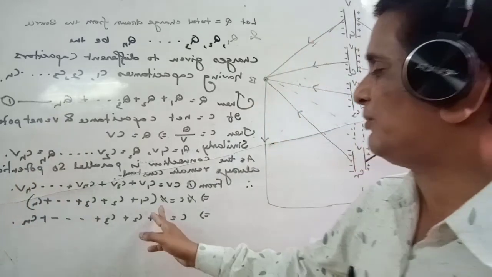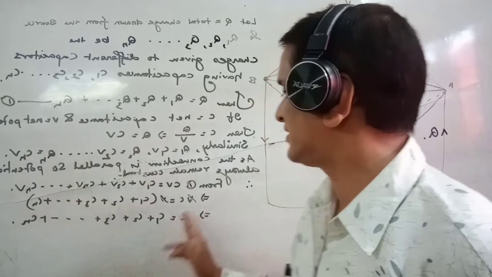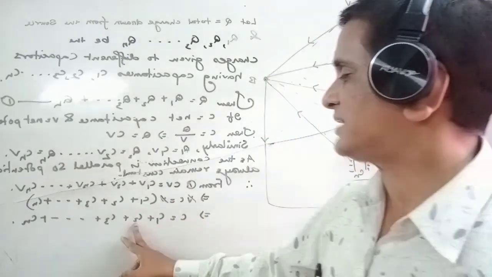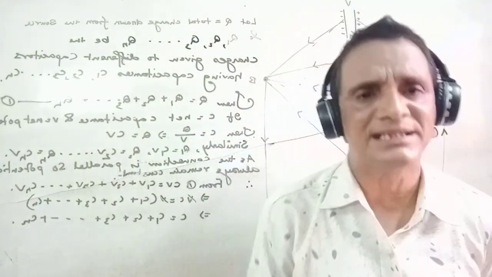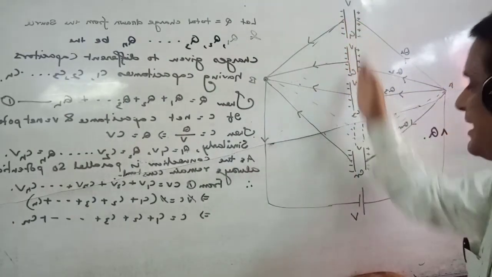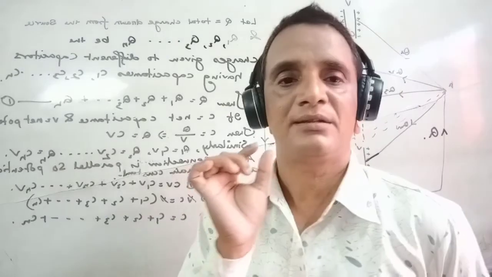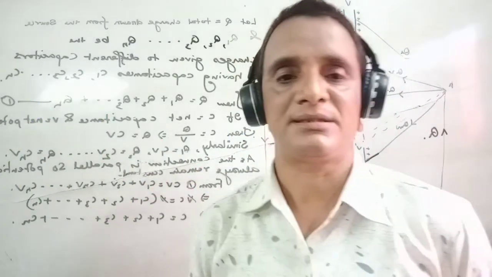We take the common V, V times C1 plus C2 plus C3 dot dot dot Cn. V will cancel out and we get the result C equals C1 plus C2 plus C3 plus dot dot dot Cn. From there, we can say if a number of capacitors are connected in parallel, then the total capacitance is just the sum of the individual capacitances. Is it clear?